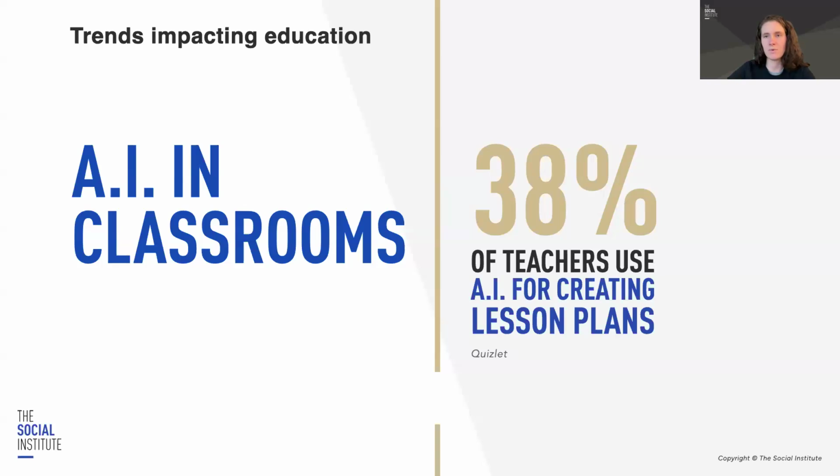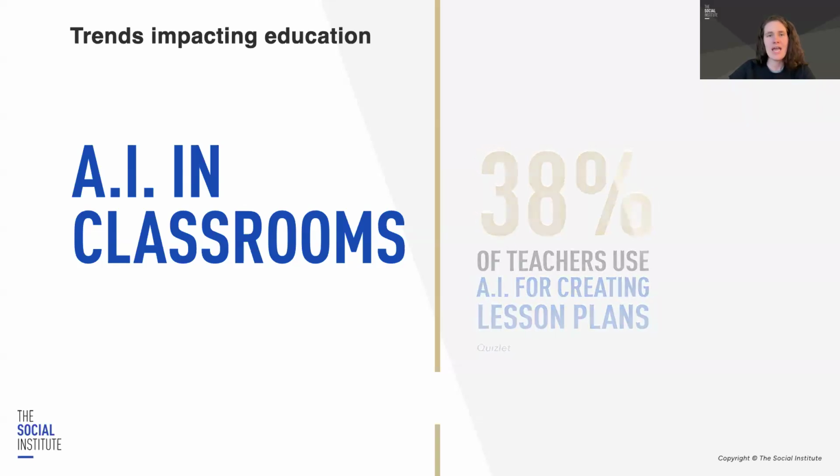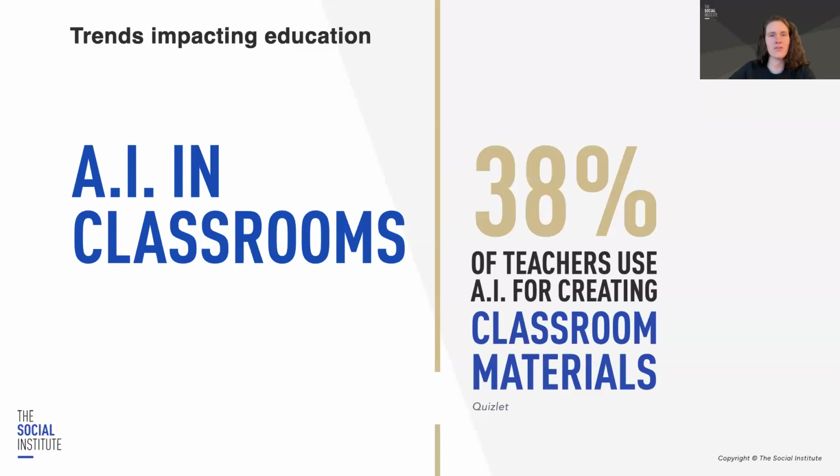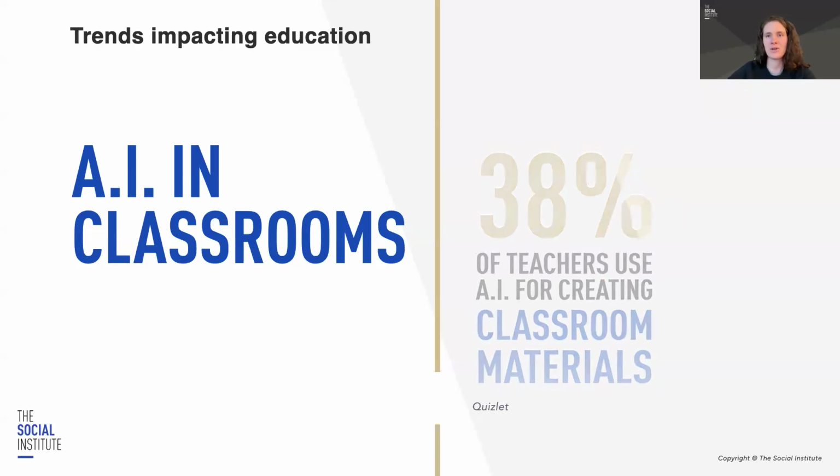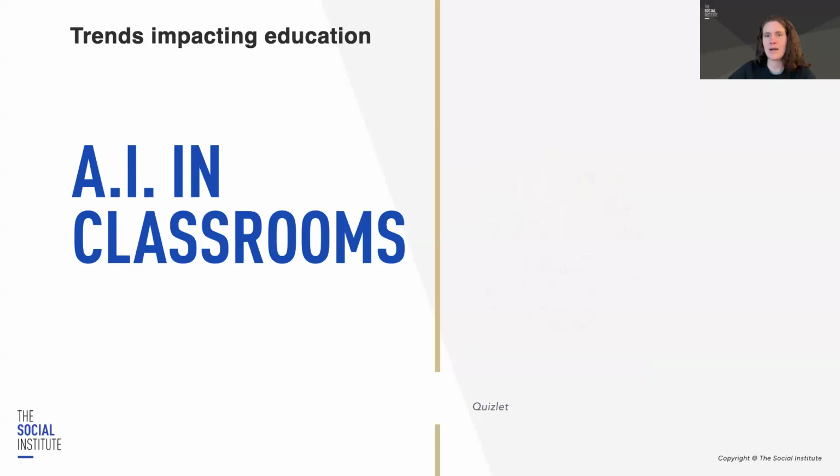There are also a number of different tools that we'll check out here in a moment. But we know that there is that use for creating those plans. And a third stat for you here, 38% of teachers use AI for creating classroom materials in general. So this is already a tool that we see instructors really leaning into.